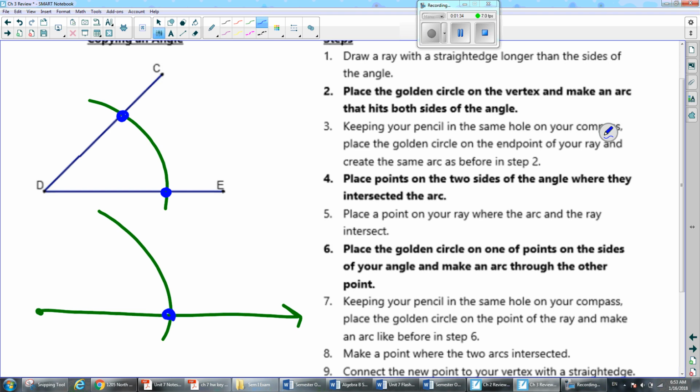So if I place my golden circle here at this point, I can make an arc going through my other point. Now move my golden circle to the other point on my other angle, make that same arc. When I connect that back with a ray, these 2 angles are now congruent.